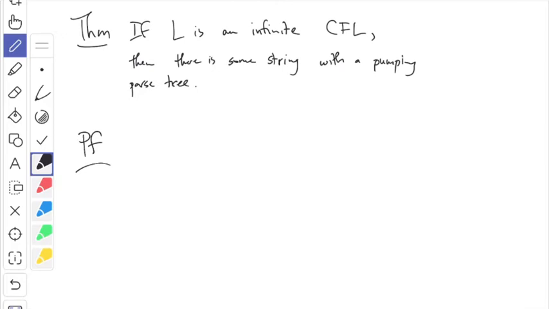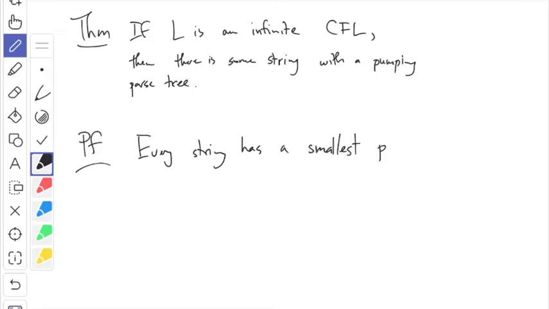I have to explain why every language has a string which requires you to write a parse tree for that string which has the thing about one descendant of itself, that business, all right? First of all, every string has a smallest parse tree, right?